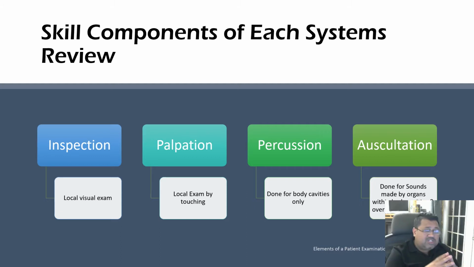Now, all the special tests are part of palpation. So you apply these concepts to individual areas of examination on whatever system you're studying, whether you're studying musculoskeletal by the musculoskeletal professors, you're studying neuro by the neuro professors, and so on. So inspection and palpation are the two skill components applicable for every system, whereas percussion and auscultation are typically over body cavities, and therefore we are talking about the chest, the abdomen, as two areas that require percussion and auscultation.